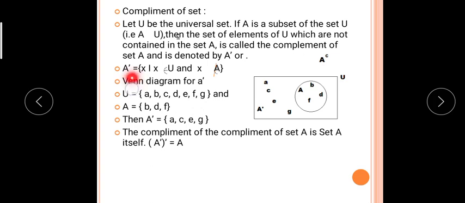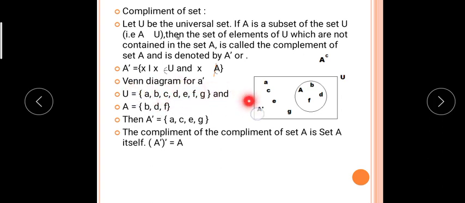Now see, A complement: X belongs to U, means X is an element from the universal set, and X is not in A. X is in the complement of A.